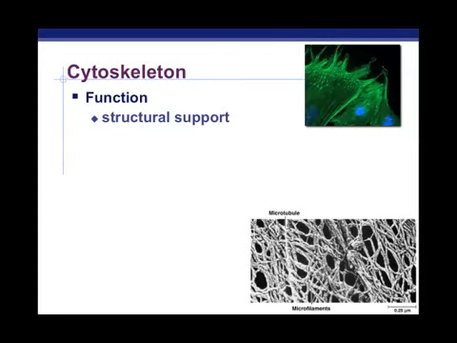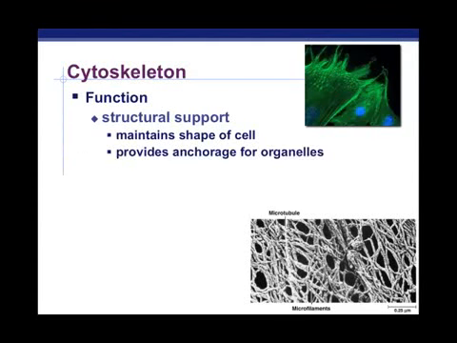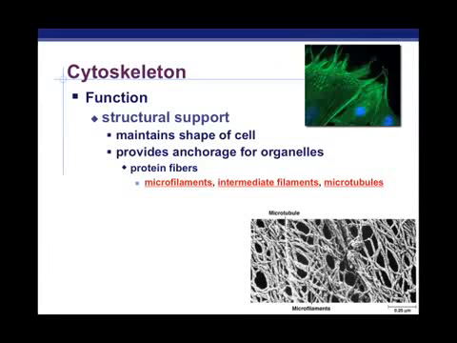It's sort of like we have a skeleton and we have bones. Well, these are very, very small tubules. And it helps give shape to the cell, and it allows a passageway. It's made up of protein fibers, and there's 3 different types: microfilaments, intermediate filaments, and microtubules. Each one is a different size, as you can see from the picture on the bottom.